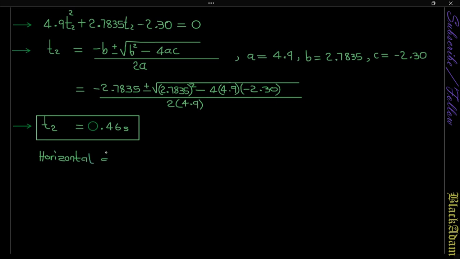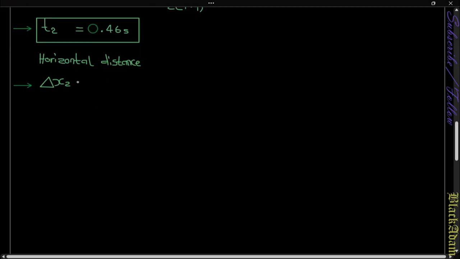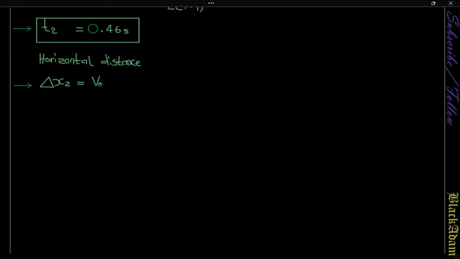So let's see the horizontal distance covered at that time, at 0.46 seconds. That's going to be initial speed multiplied by cos of the launch angle, multiplied by t2.